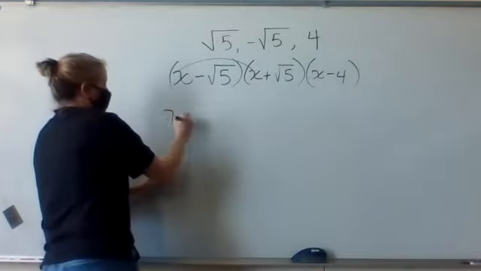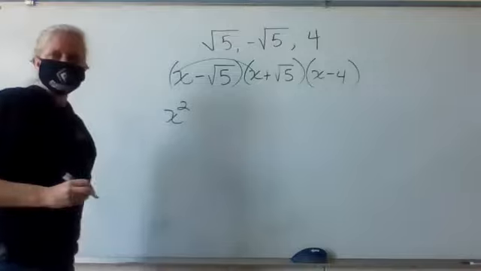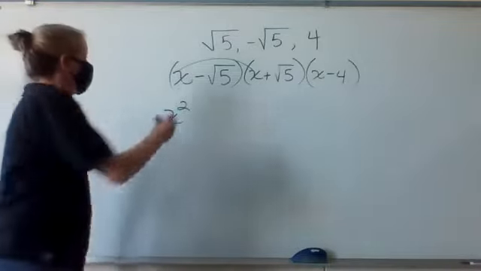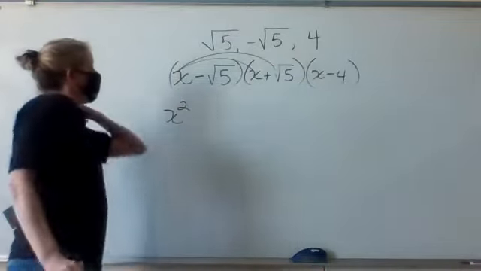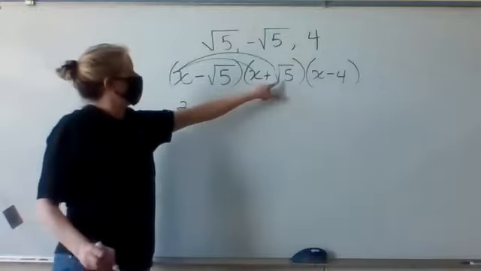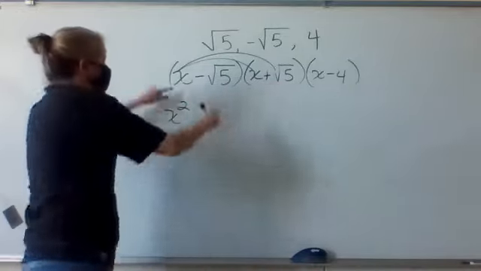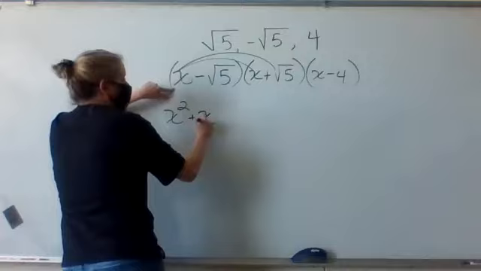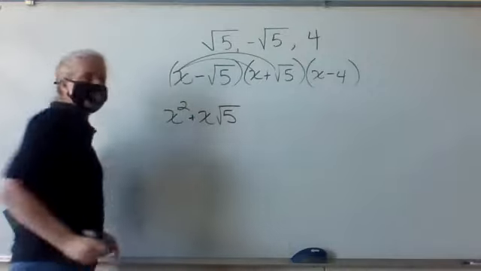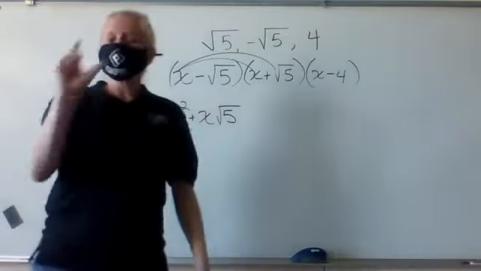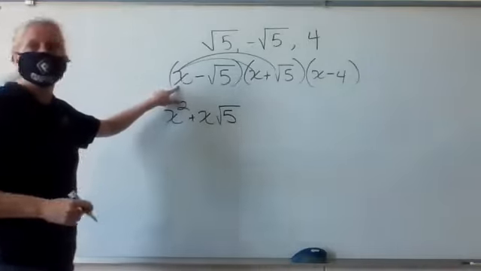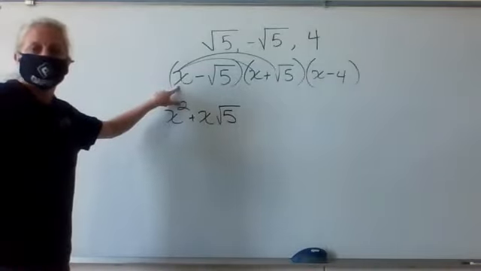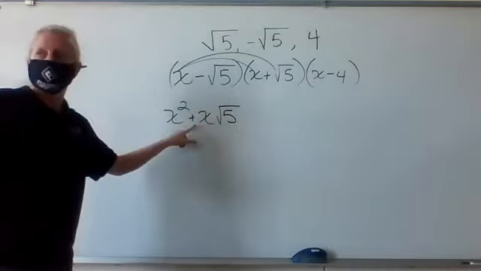So x times x gives me x squared. My outer x times positive square root of 5 is just going to give me positive x square root of 5. Okay, that x is not under your square root, so you can't put it under a square root.